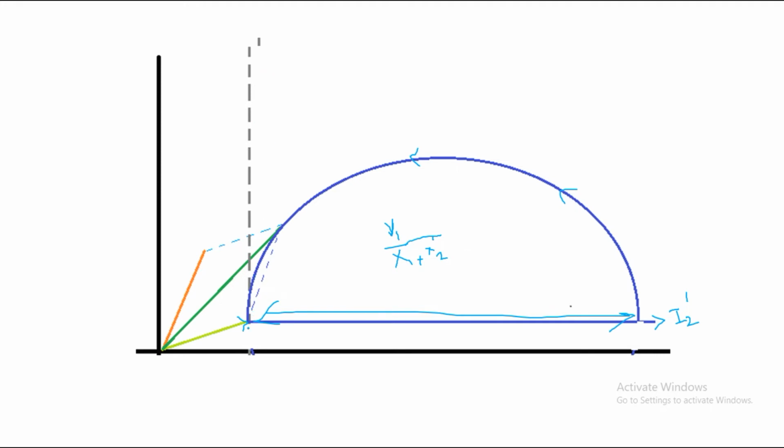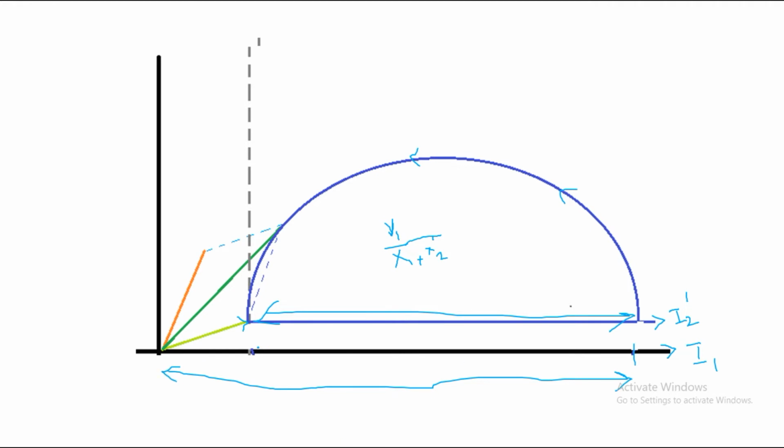So this is the locus diagram for rotor current. For the actual x-axis, here this x-axis for I1 is also going to have the same diameter starting from here, because we know I1 is the vector addition of I0 and I2 dash.